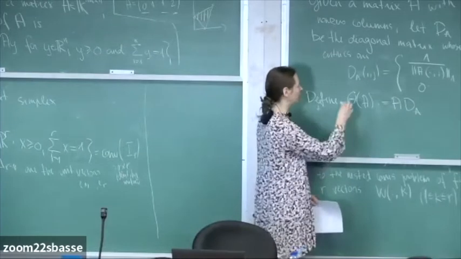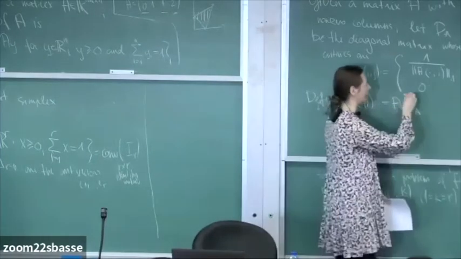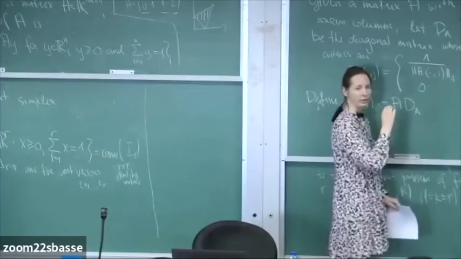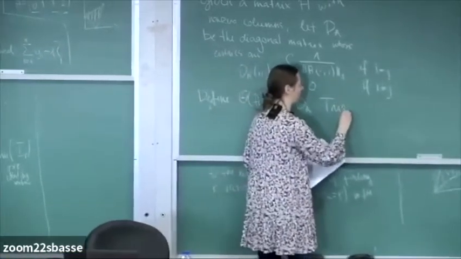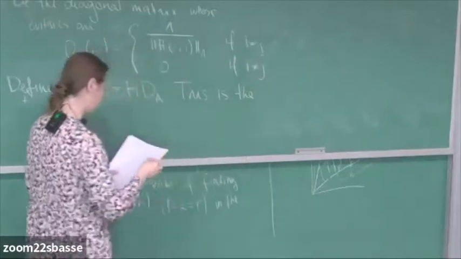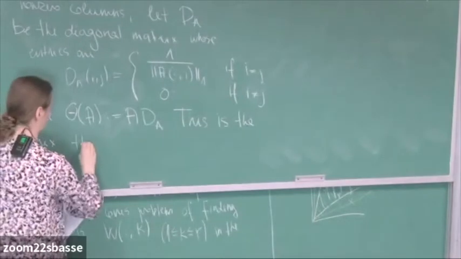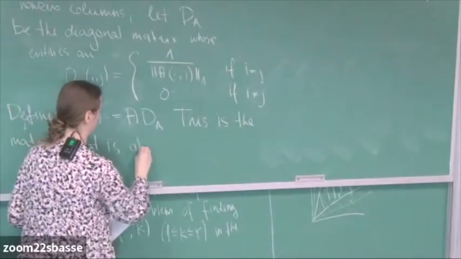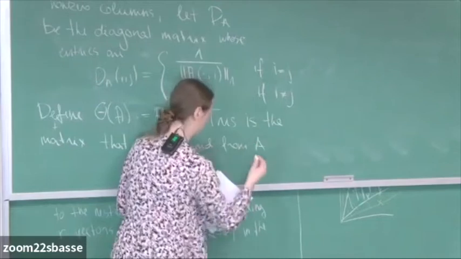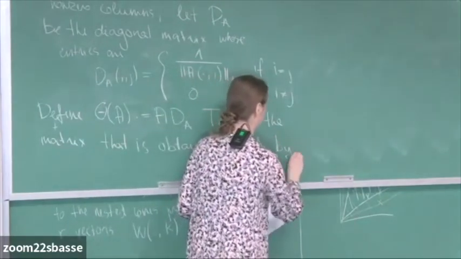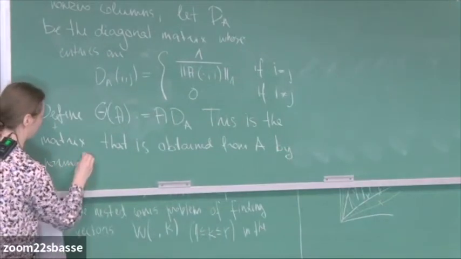Because we take the matrix A and multiply it with a diagonal matrix where the diagonal entries are 1 over the column sum of A. It's also called normalizing or scaling.